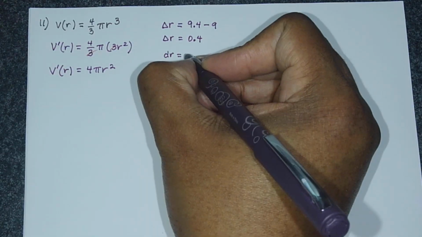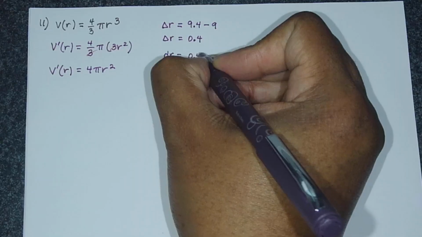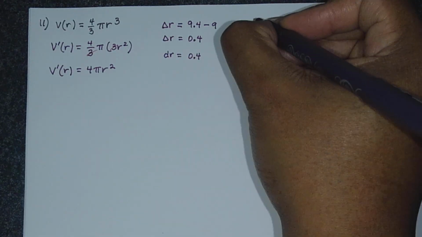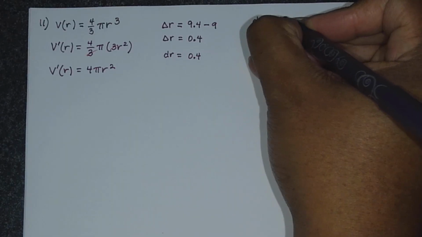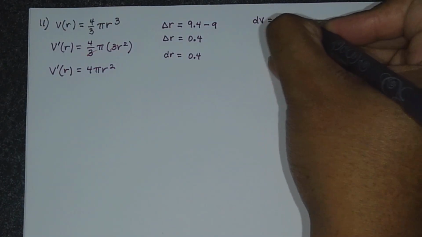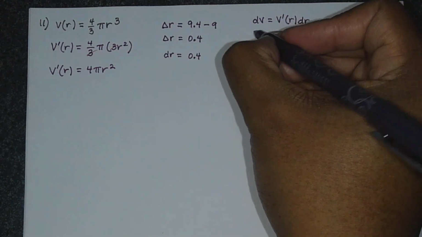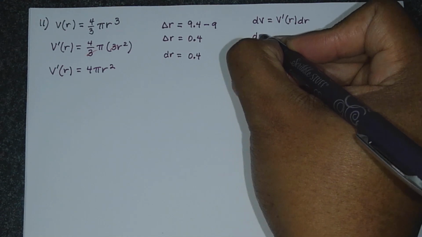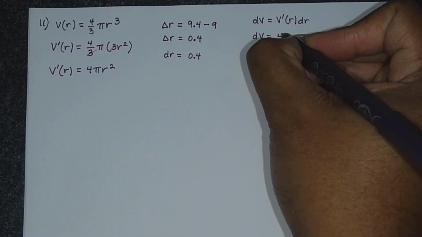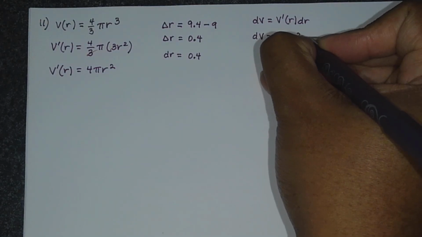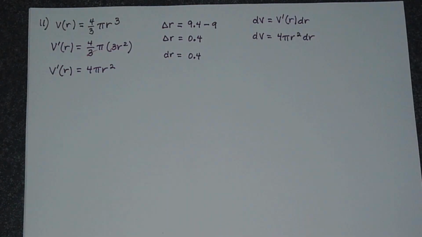It also means that dr is going to be 0.4. And also I know this, dV would be V prime of r times dr. And we found out what V prime of r is. That's that 4 pi r squared. And it'll be multiplied by dr.